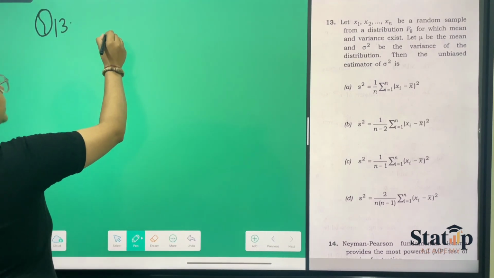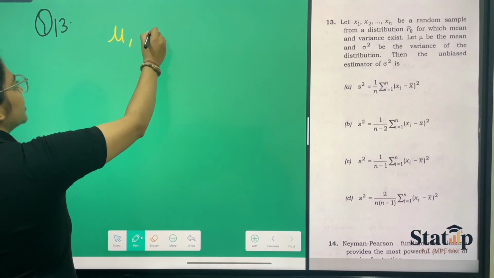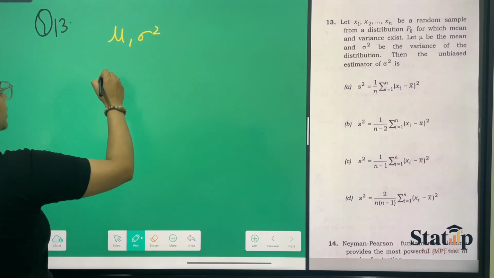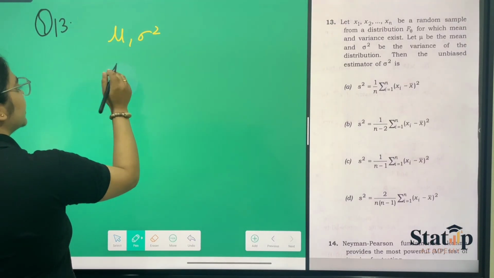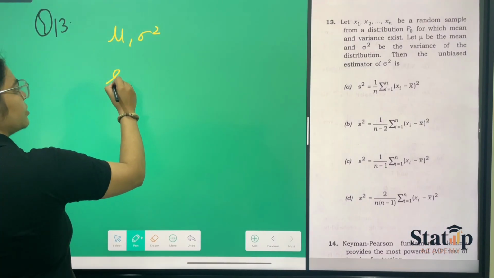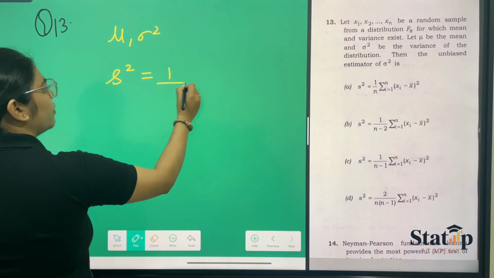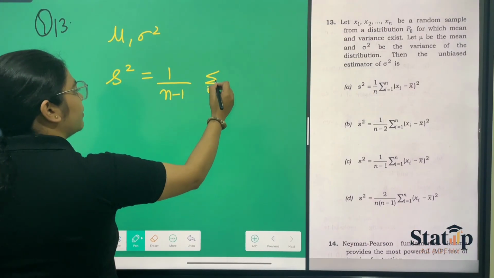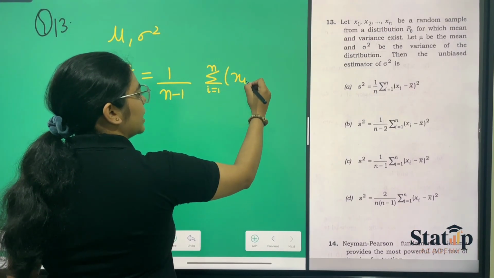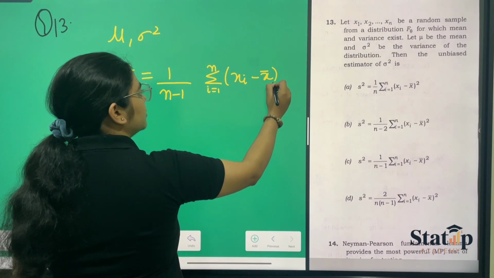We all know this, whenever mu and sigma square of a distribution are given, then the unbiased estimator of sigma square is S square, which is equal to 1 upon n minus 1 summation i goes from 1 to n (Xi minus X bar) square.